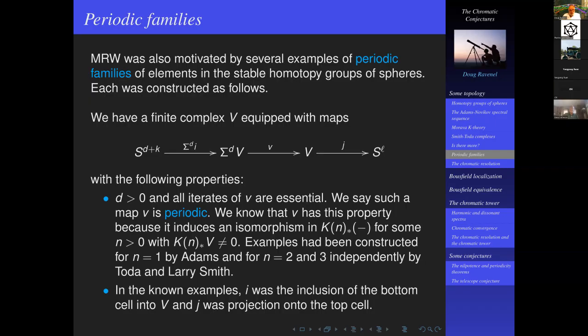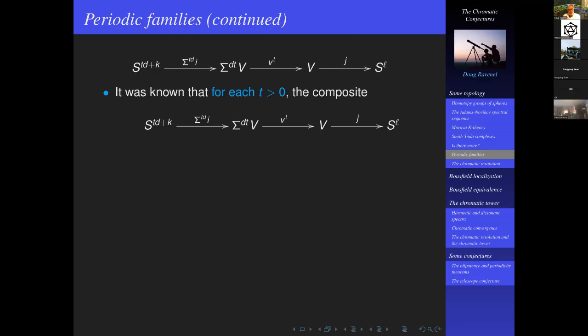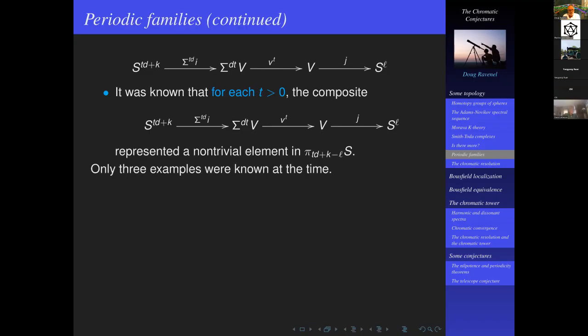In favorable circumstances, it's possible to show that the threefold composite is non-trivial, so you get an interesting element in the homotopy groups of spheres. It was known in these examples that for each case, this composite is a non-trivial element.